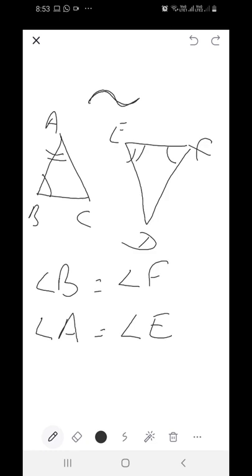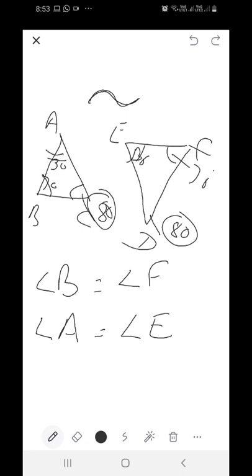And suppose this is 30. If A is 30 degree, then E will also be 30 degree. And if I say B is 70 degree, then F will also be 70 degree. So what do you say about the third angle C? It will come out to be 80. And what about this also? It will also come out to be 80 degree because sum of all the three angles has to be 180 degree.